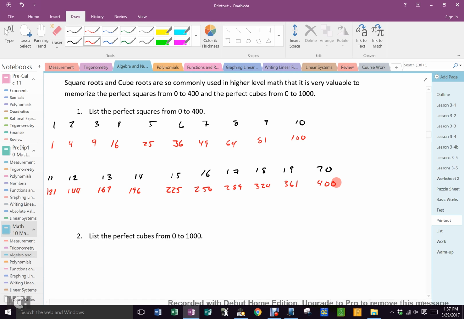I got to 12. Good old 12 times table. Then, of course, you just do the pattern, right? You add 25, add 27, add 29, add 31. Trust me, there's a reason I'm doing this. I will never test you on your memory, but it will make your life easier if you actually know these. I won't test you on your memory because this is not memory 10, this is math 10.